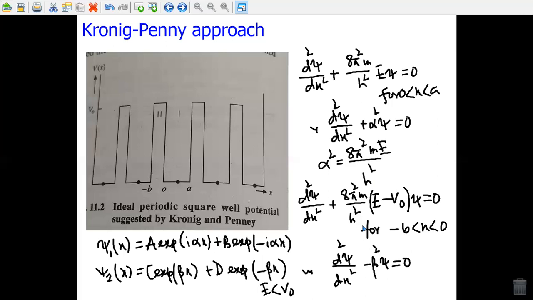And therefore, let us suppose that the general solutions of these two equations are of the form psi 1 equals a e to the power i alpha x plus b e to the power minus i alpha x, and psi 2 from this equation is simply exponential, not the imaginary part, or c e to the power beta x plus d e to the power minus beta x for E less than V0.